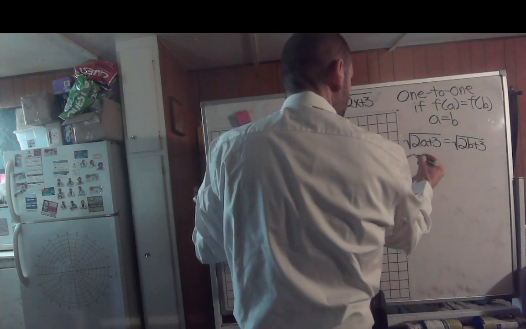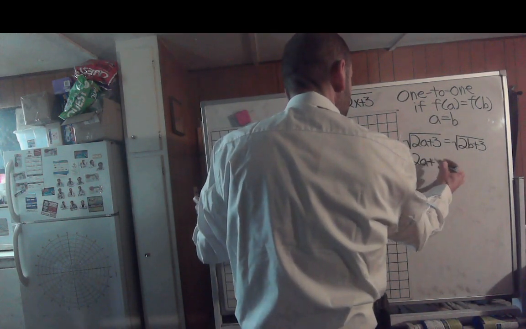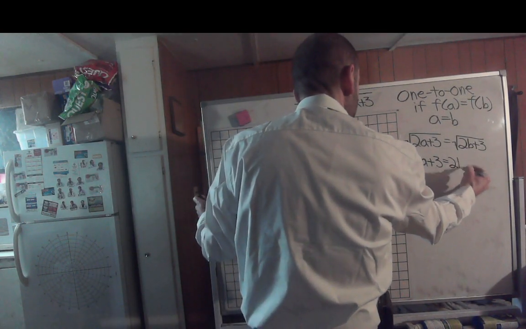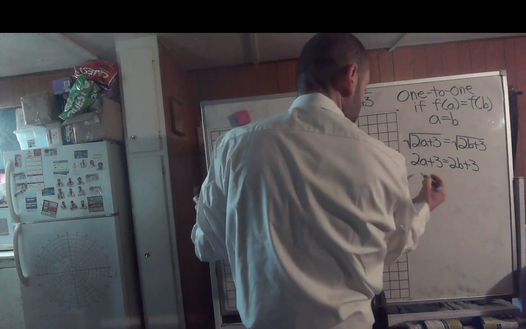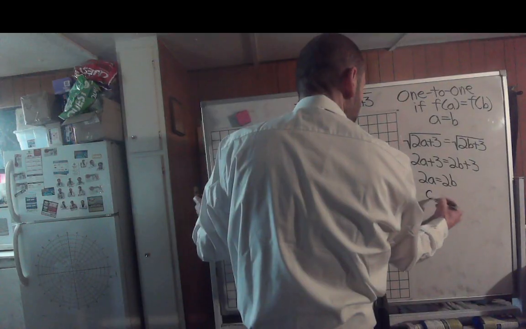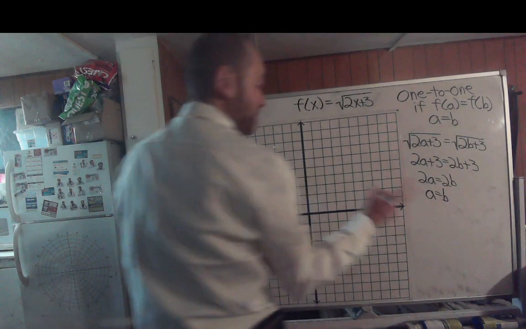Now you just square both sides, you'll get 2a plus 3 equals 2b plus 3, which would give you that 2a equals 2b, which would mean a equals b. So yes, this is a one-to-one function. This function would in fact be one-to-one.